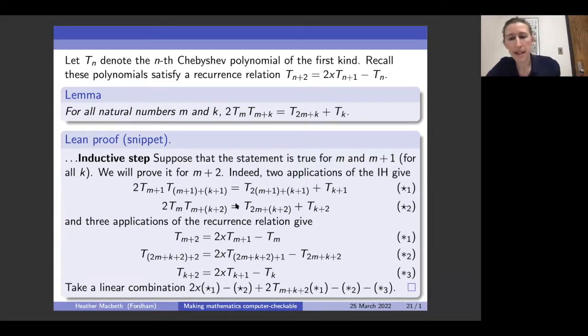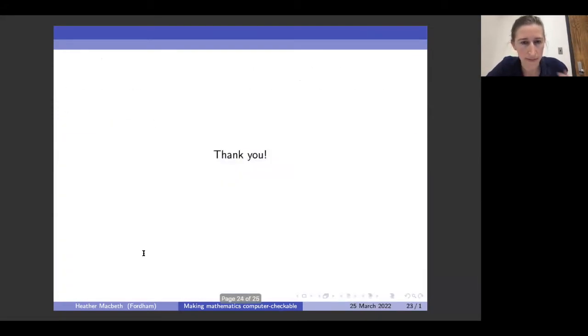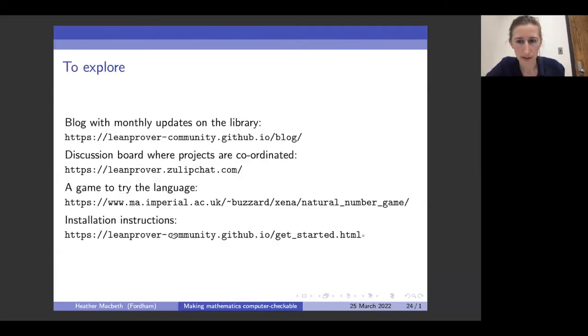So I think that's all I have to say. I'll leave it there. I wanted to just leave with a few links in case you're interested in learning more. The group of us mathematicians who are working on this project of having a single interoperable mathematical library maintain a blog where every month or so we post an update on what's joined the library in the last month.